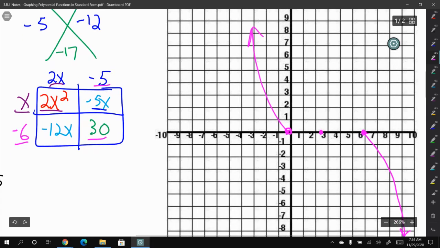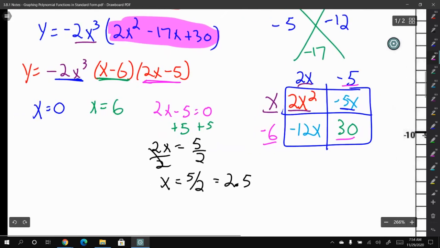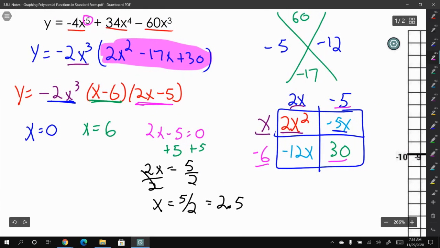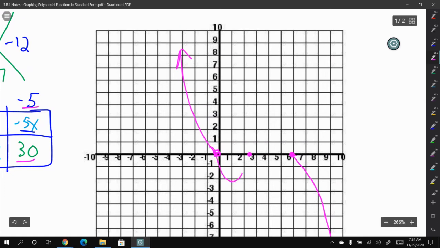And now we have to figure out, do we cross or bounce at any of these zeros? If we look at our factored form, we have an odd degree, an invisible one which is odd, and an invisible one which is odd as well. So those are all odd degree factors, so we're going to cross at all of these.